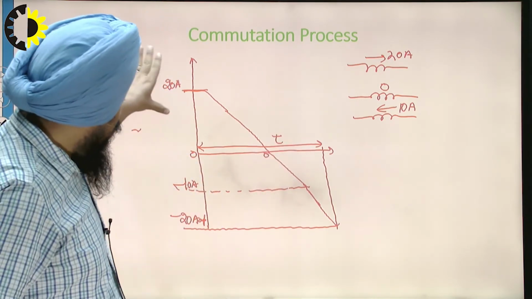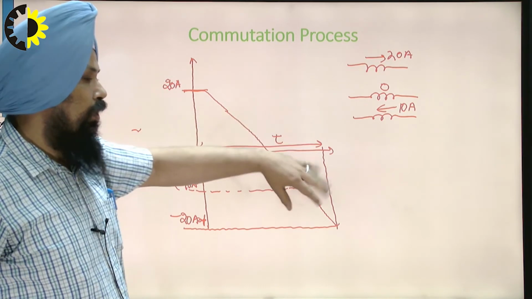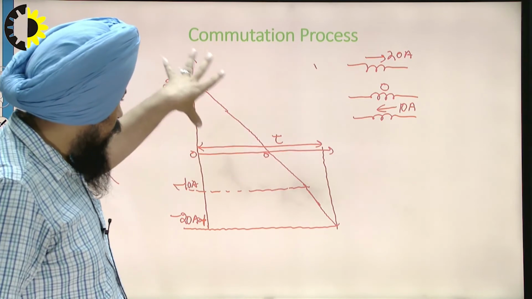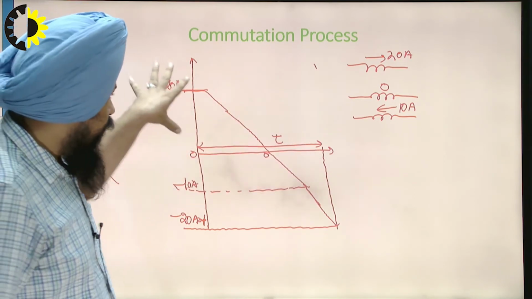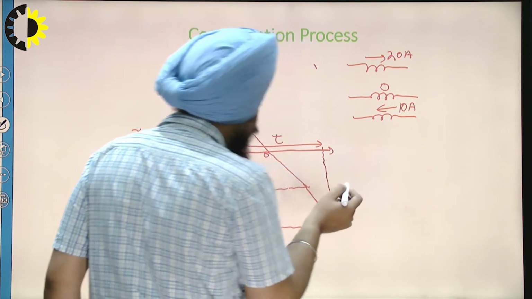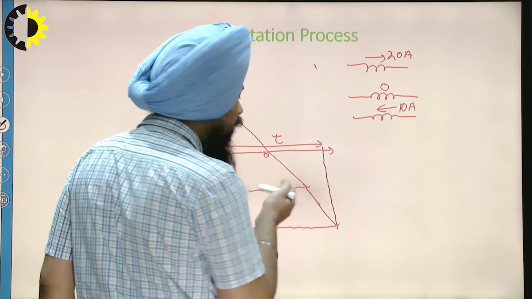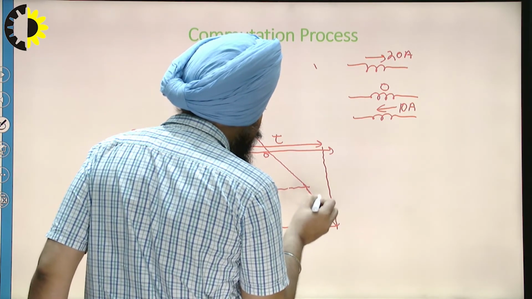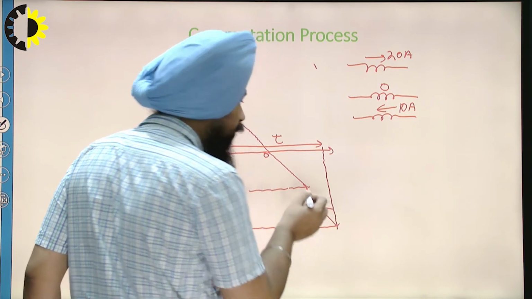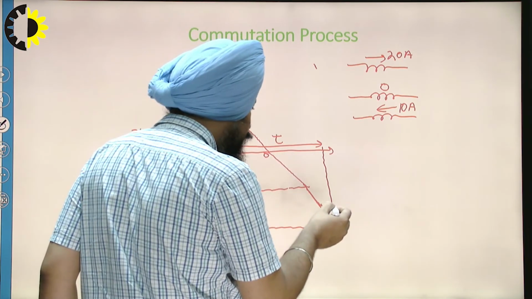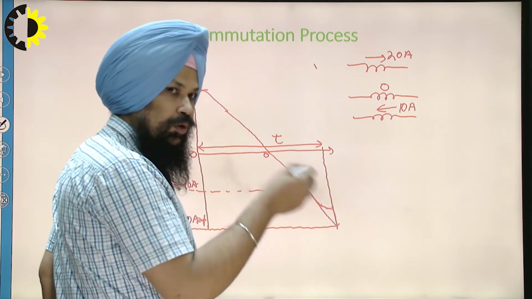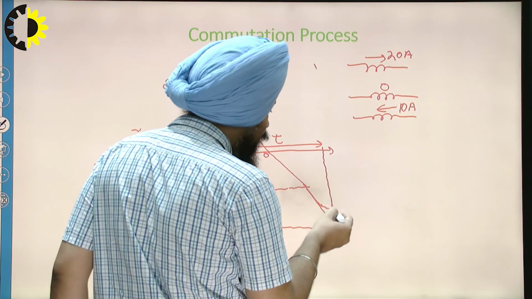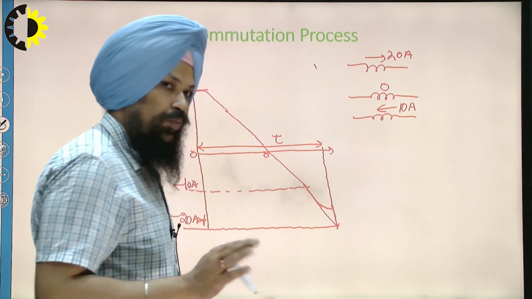So we can explain the commutation process with the help of the previous diagram, as we have discussed earlier, and with this particular graph. Sometimes, due to ineffective commutation, the current reaches just 35 ampere from this particular coil, and the rest comes through the air gap, or air ionization, and after that it should be completed to minus 20 ampere.